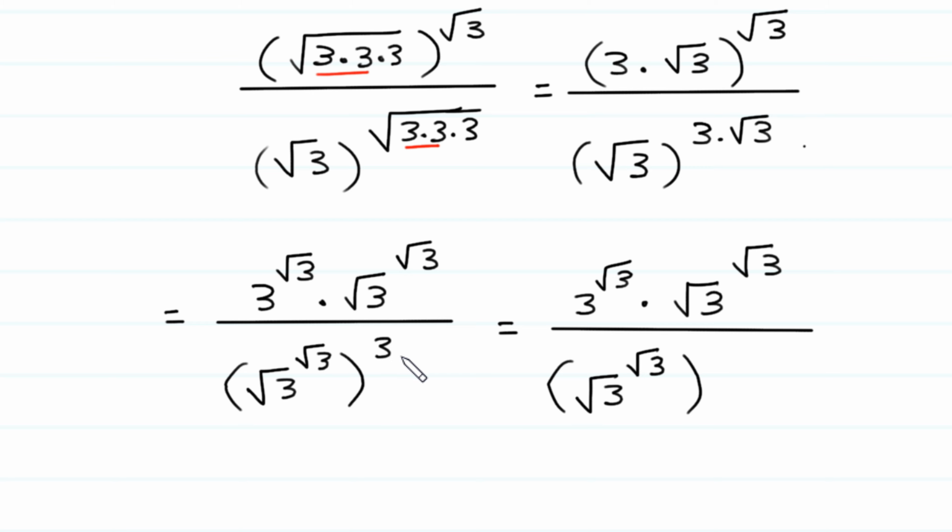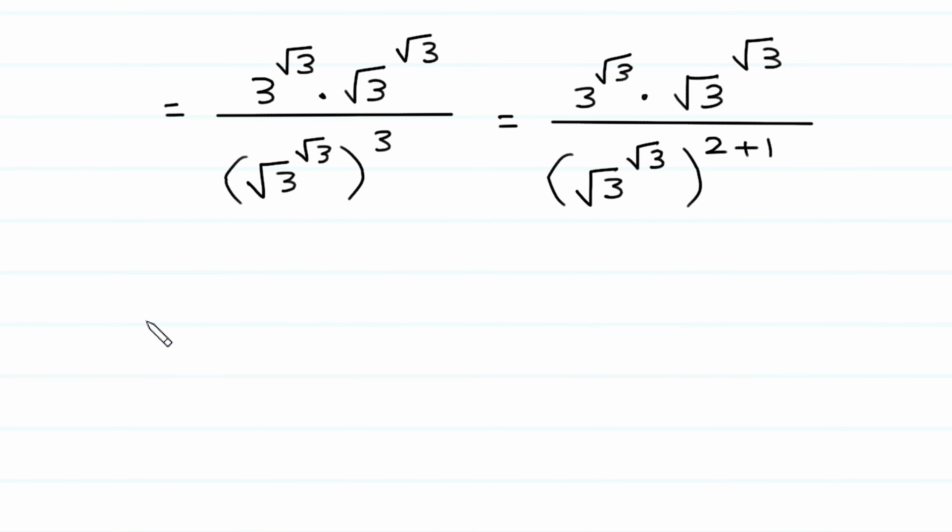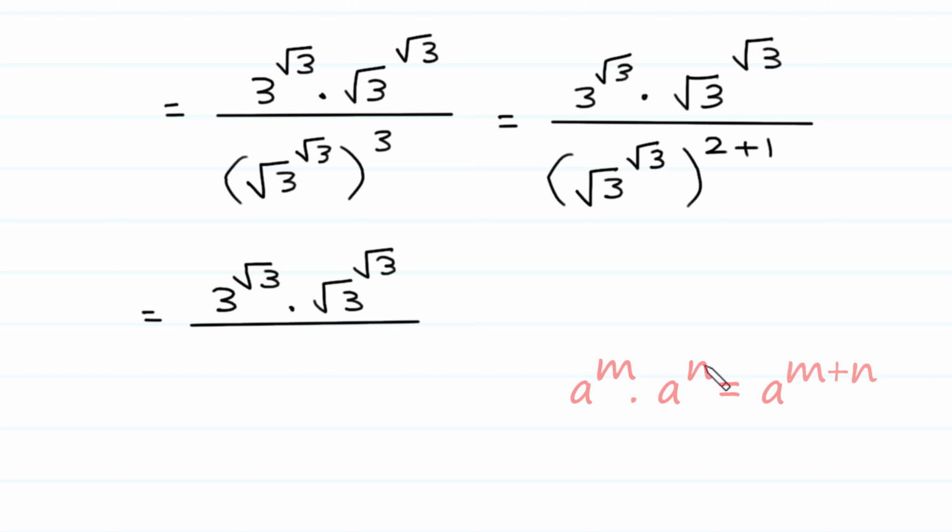This power 3 can be written as 2 plus 1. Next, 3 to the power square root of 3 times square root of 3 to the power square root of 3 divided by, now there is a rule of exponents that a to the power m plus n is equal to a to the power m times a to the power n.